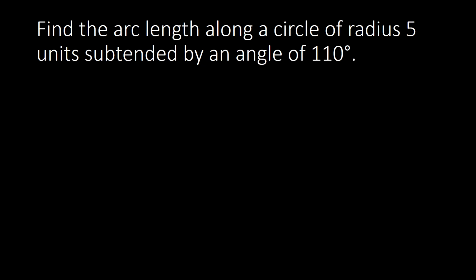Going over to finding the arc length along a circle of radius 5 units, subtended by an angle of 110 degrees. Again, going to the given information, we have our angle, which is 110 degrees, and we've got the radius as well as 5 units.